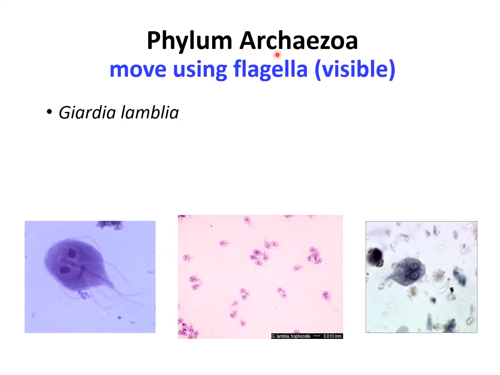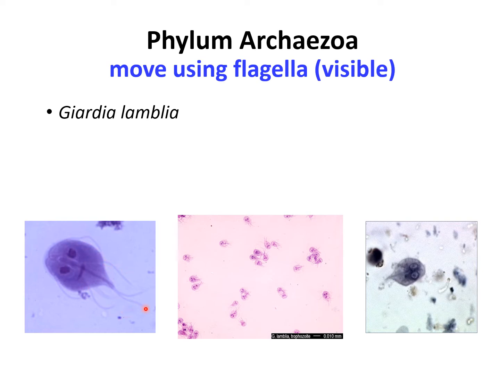Another one under the phylum Archaeozoa, we're going to talk about Giardia lamblia, and this is how they look. They have a pretty unique shape to them, kind of like a teardrop, and it seems like they have eyes, and these are their flagella, flying everywhere.